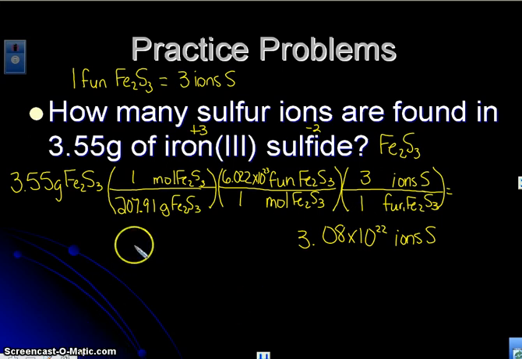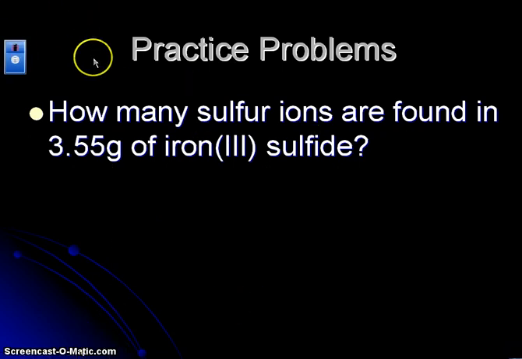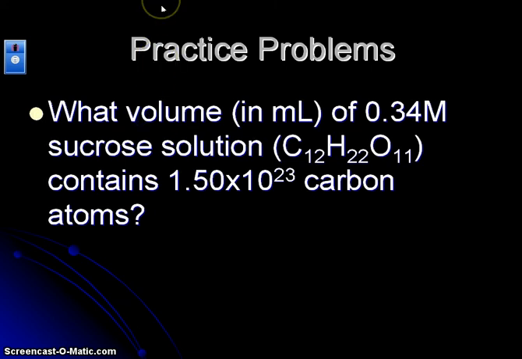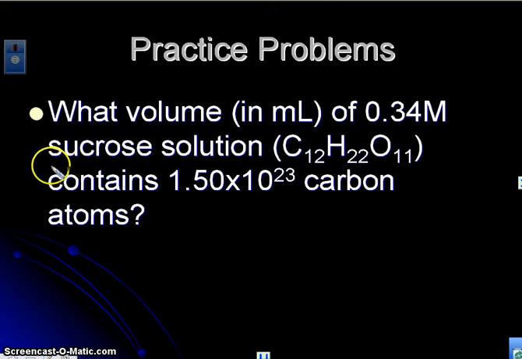Let's look at another problem. In this problem, we're being asked what volume in milliliters of 0.34 molar sucrose solution contains 1.5 times 10 to the 23rd carbon atoms. It's giving us the carbon atoms, and it's asking us for the volume.